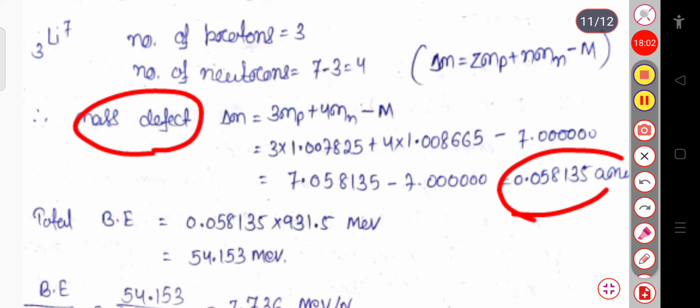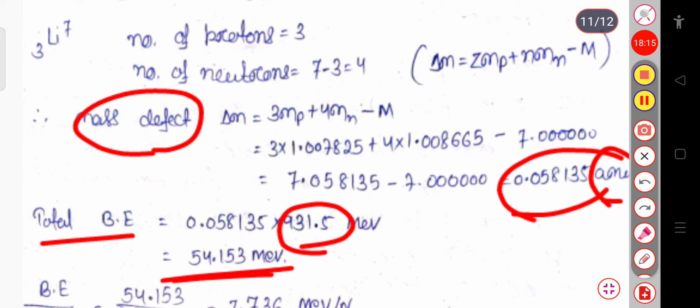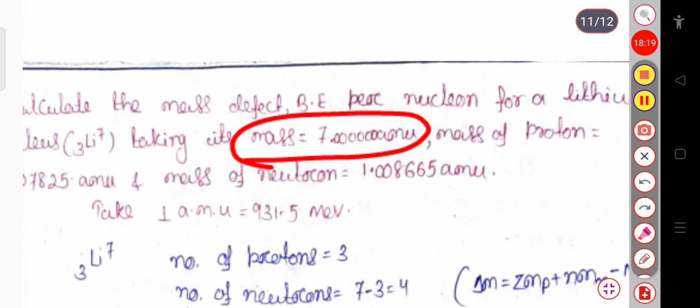Now if you calculate the total binding energy, I have already told you, if the mass defect is in AMU, you simply have to multiply by 931.5 MeV, so that the binding energy will be in MeV, mega electron volt. Now you have to calculate the binding energy per nucleon.